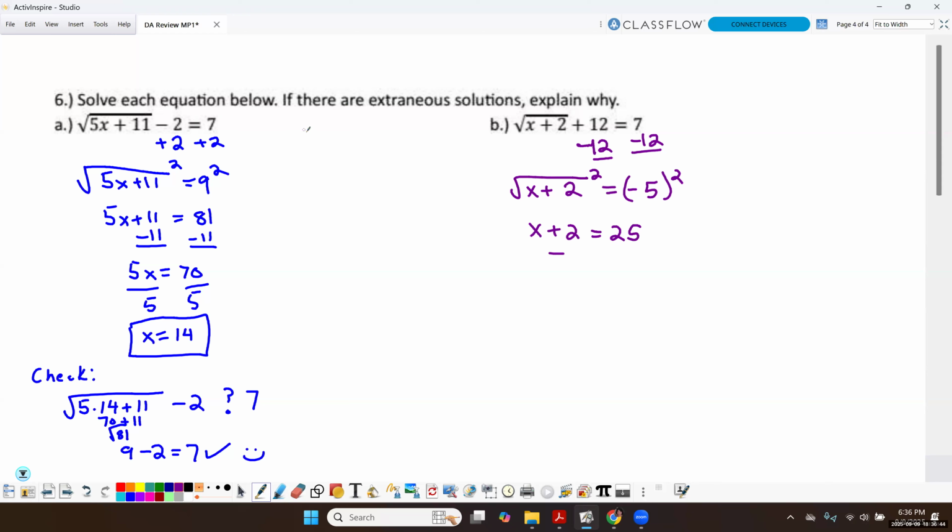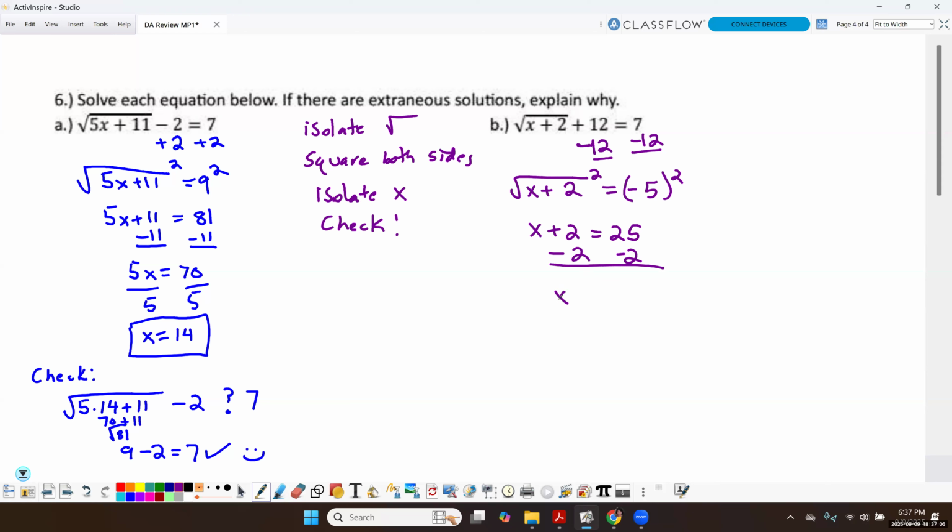I'm going to write this down. Isolate the root. Get rid of the root. And then check. All right, so we subtract 2 from both sides, and we get 23.